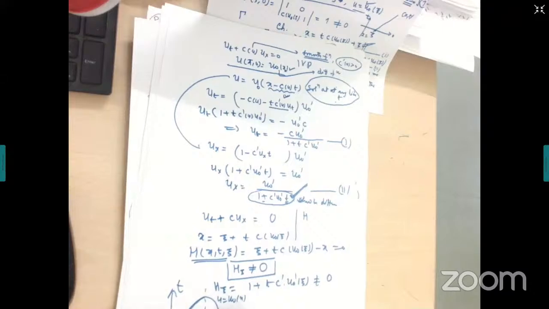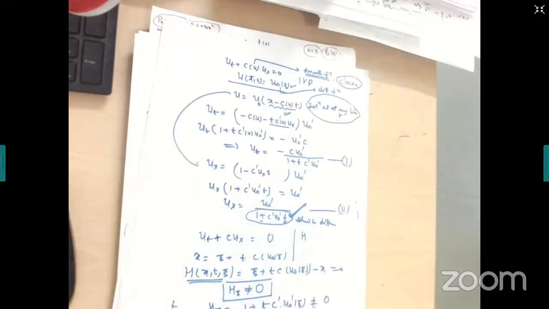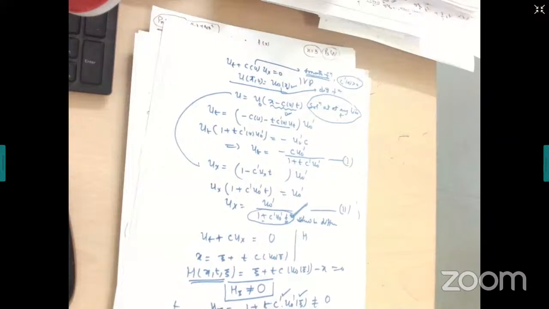And here what happens? The slope is negative. So on this part of the profile, u naught dash is positive, c dash is positive, t is positive, so definitely it is non-vanishing.